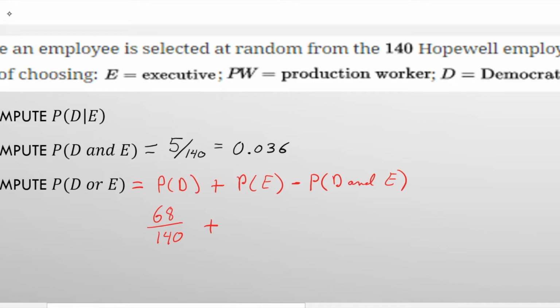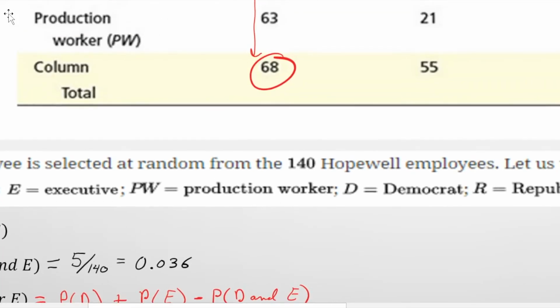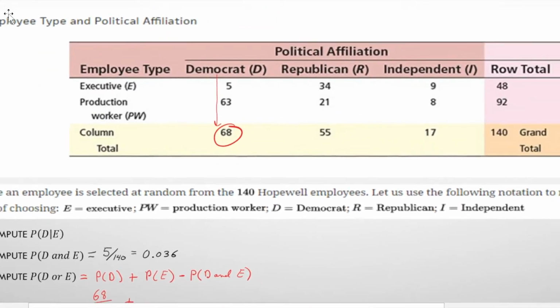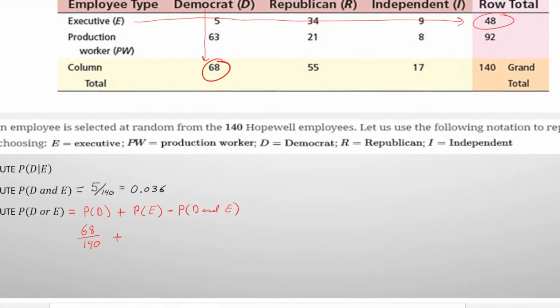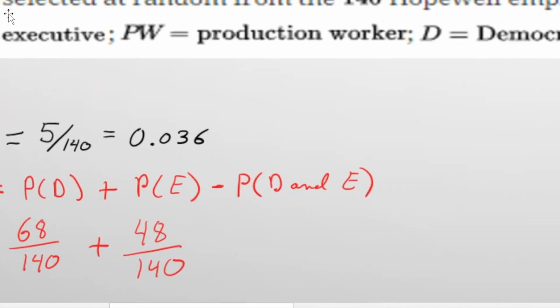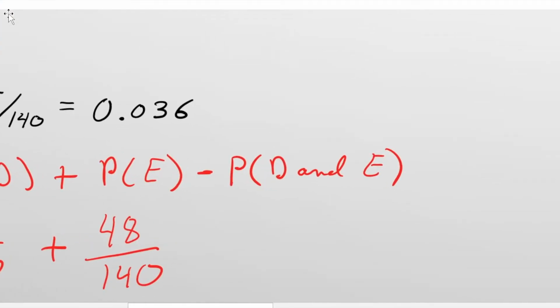Now I want the probability of executive. If I'm going up here, the total of executives is 48. So plus 48 out of 140. Now, lastly, we need to check the and probability. So probability of Democrat and executive.